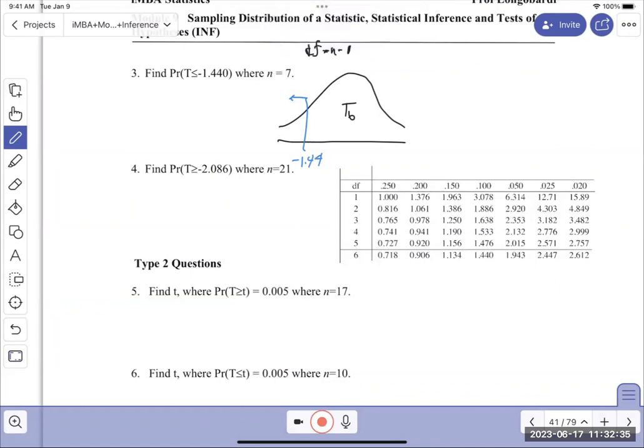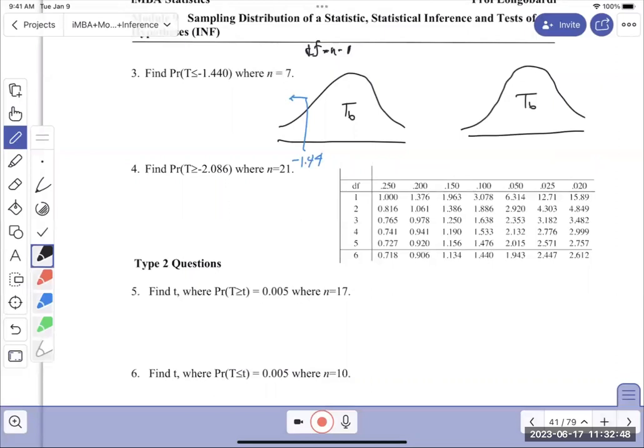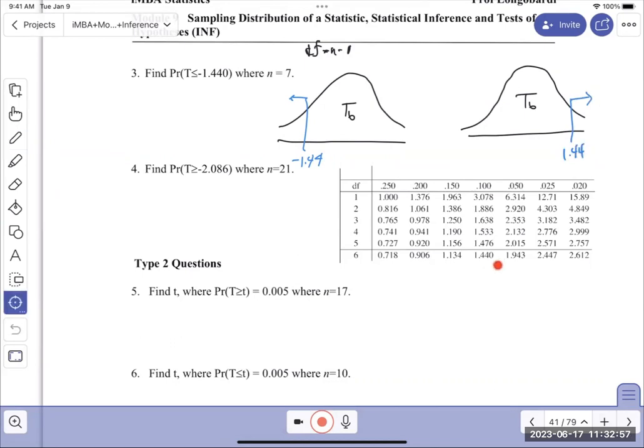So what I'm going to do instead is draw it from the table on the right side, where it's 1.44, and I know that corresponds to 10%. So what can I say about this?